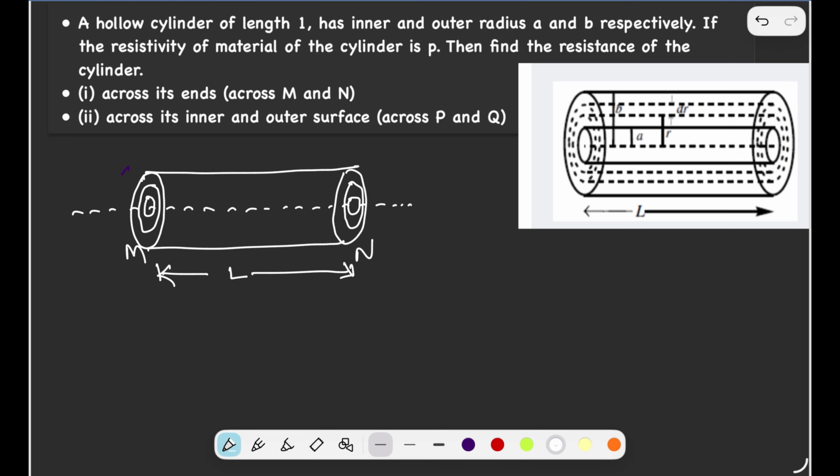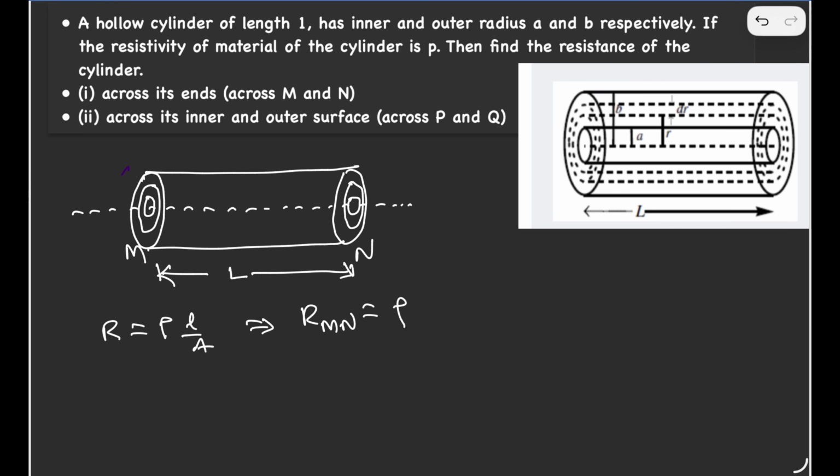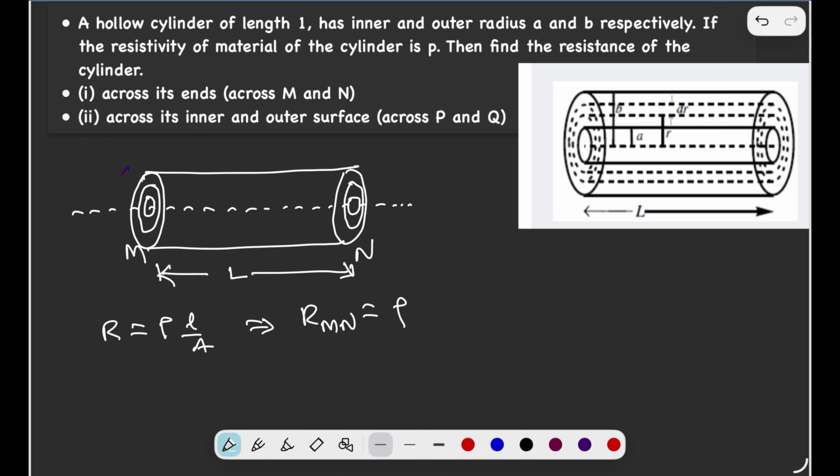For the resistance between M and N, what is the formula? R is equal to rho L by A. So R_MN is equal to rho, the resistivity, and L is the length of the conductor. A is the cross-sectional area, this portion: the outermost one is pi B square, minus the innermost one, pi A square.